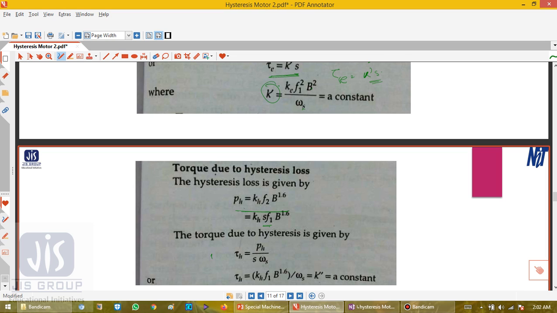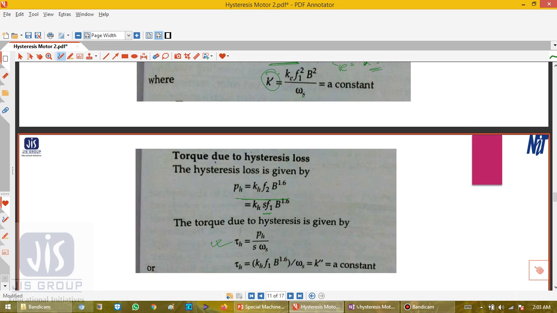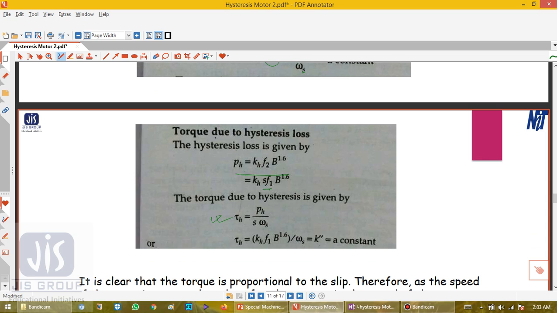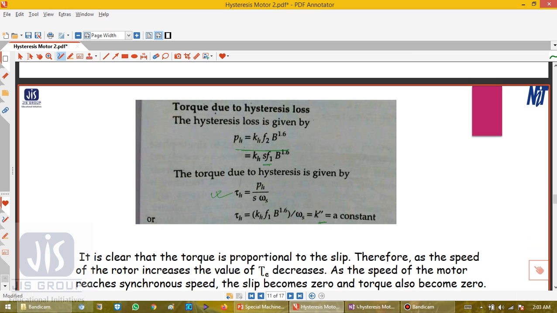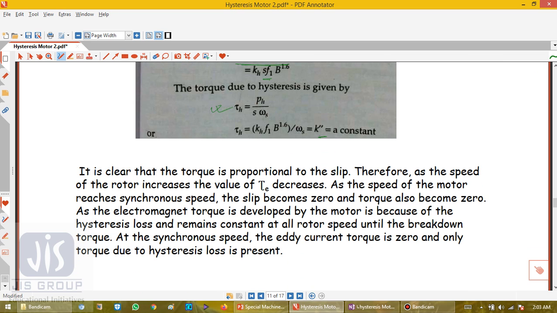Similarly, we get the torque due to hysteresis loss, that is K double dash, which is a constant. So it is clear that the torque is proportional to slip. So we got for the hysteresis motor, torque is proportional to slip.